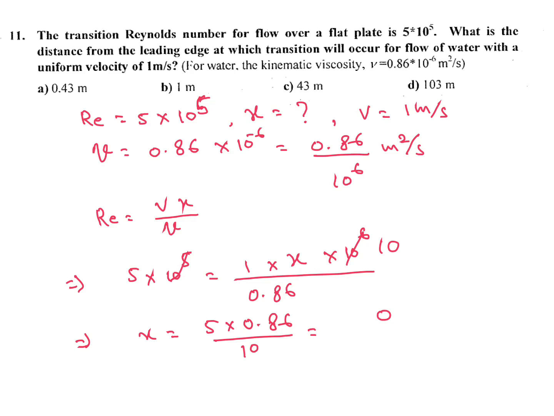It's 0.43 by 10. So 0.43 meter. From option, the distance from leading edge is A, 0.43 meter.